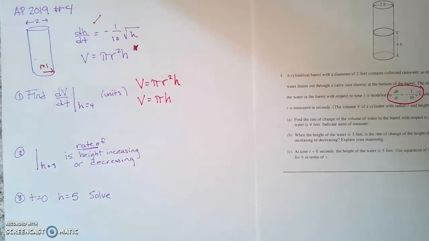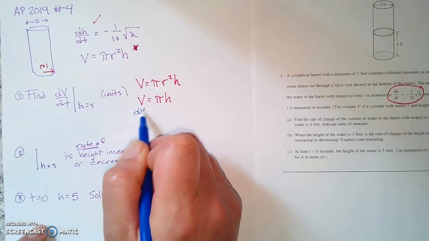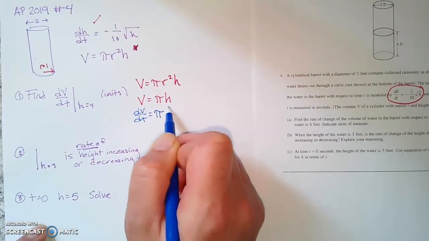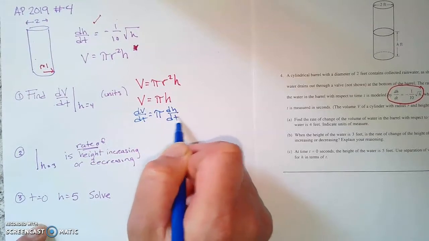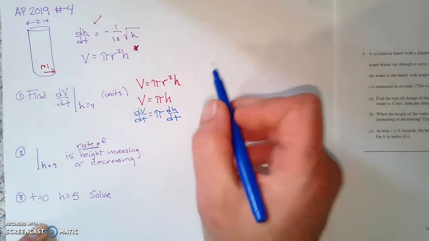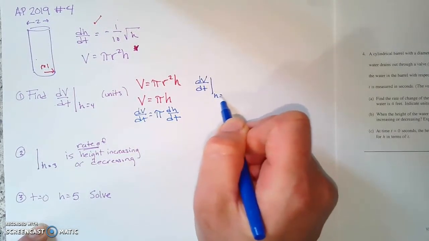Now I take the derivative to find the relationship on the rates. The derivative of V is dV/dt, which equals pi times the derivative of h, dh/dt. And if I want dV/dt when h is 4, I fill in 4.